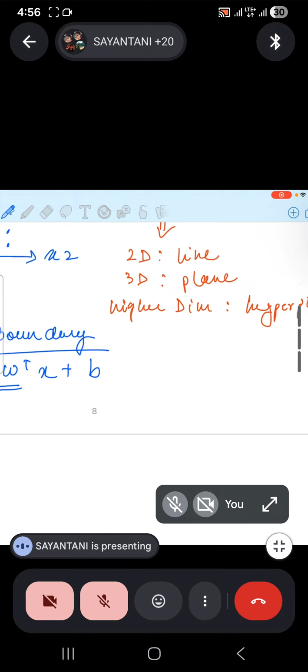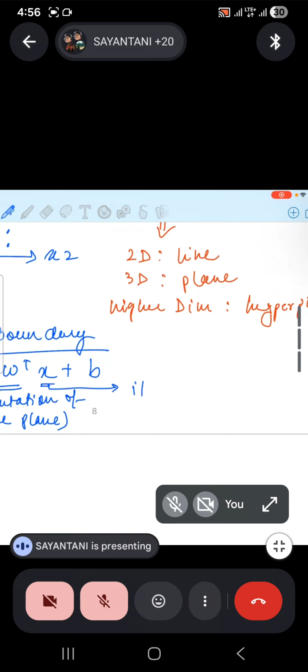Now this W transpose is of course your weight matrix, but this denotes the orientation of the plane or hyperplane or line, depending on the dimension you are in.